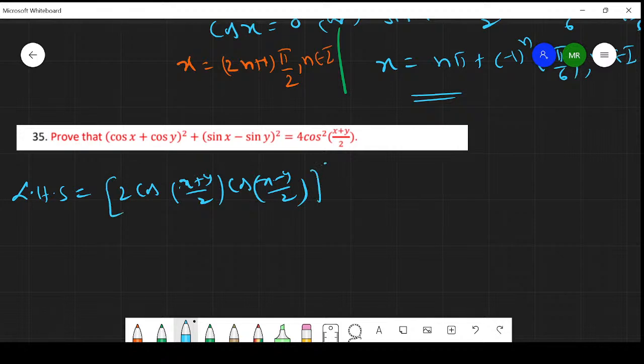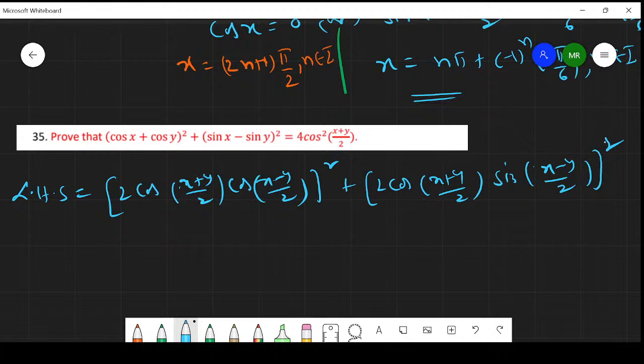Similarly, sin x minus sin y means 2 cos of (x plus y) by 2 into sin of (x minus y) by 2. So this is the formula, like sin C minus sin D.